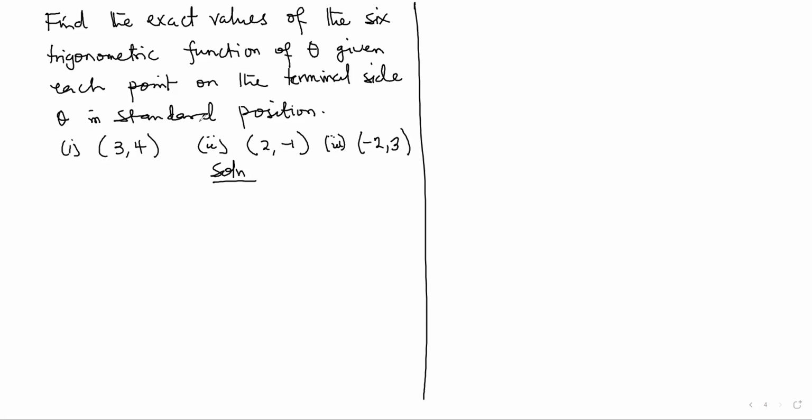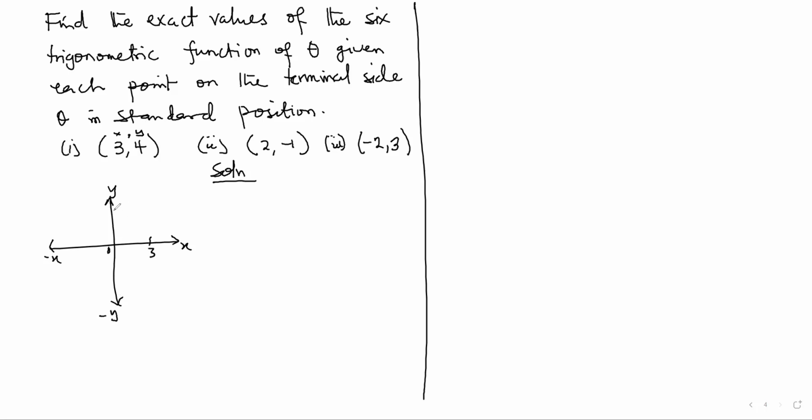When a question like this is given, we need to put it on a Cartesian plane and plot the point 3, 4 on it. We know that 3 is for the x, then 4 is for the y. So positive 3 and 4.